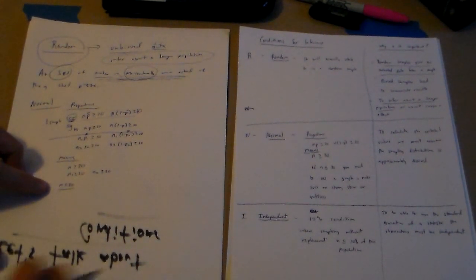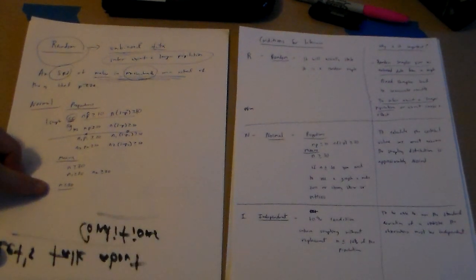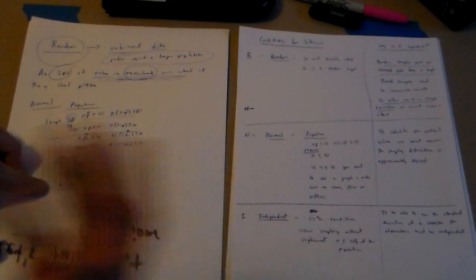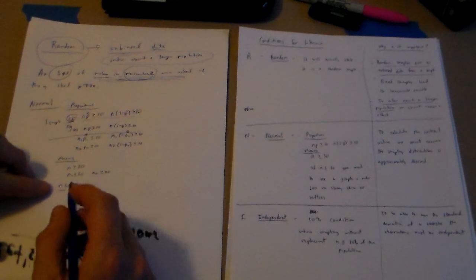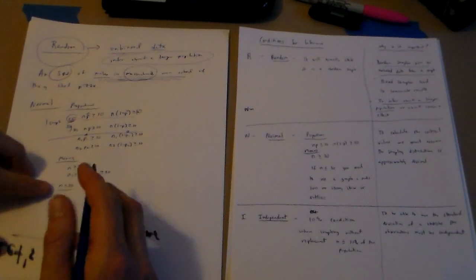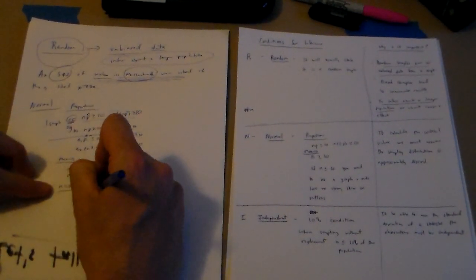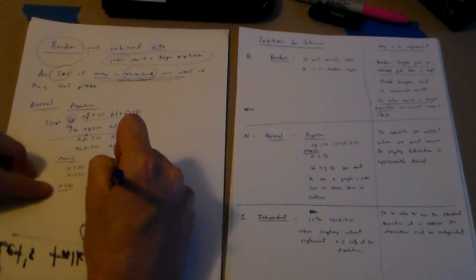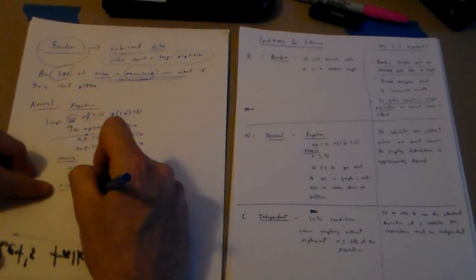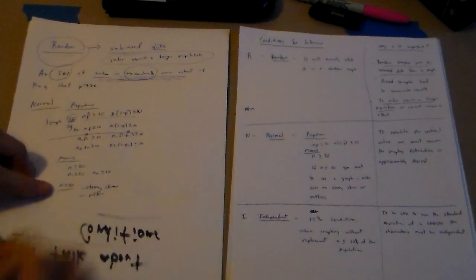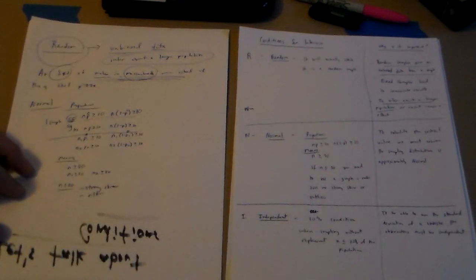They said they're not going to have you make graphs, but if they have a graph of that data, and they ask whether this is going to pass the normal condition, you would look at it, and as long as there's no strong skew or outliers, it's okay to use, it would pass the normal condition, okay?